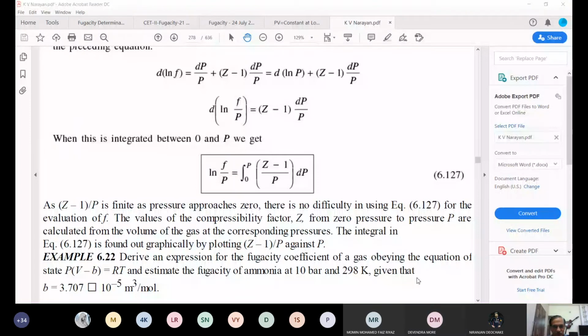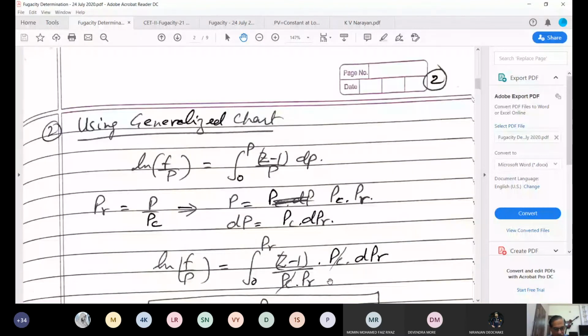So okay, let's do an assignment. I don't know the answer to that question. What we can do is, for ammonia, we can search for the value of a. It will be available, or I'll see if I can find it, and then we'll calculate and see whether this and this match. Okay? Devendra.